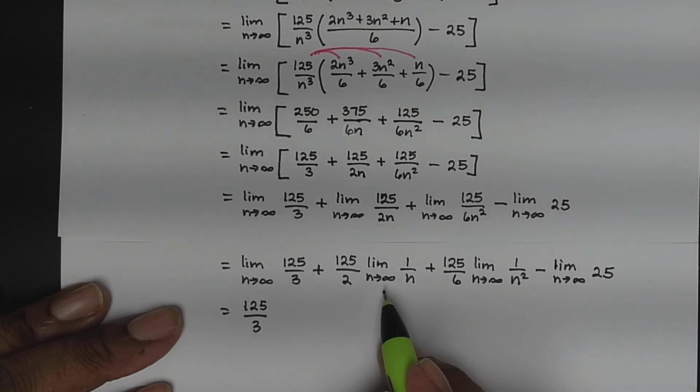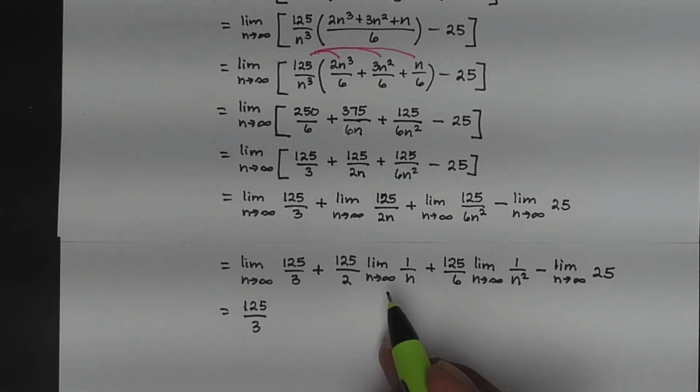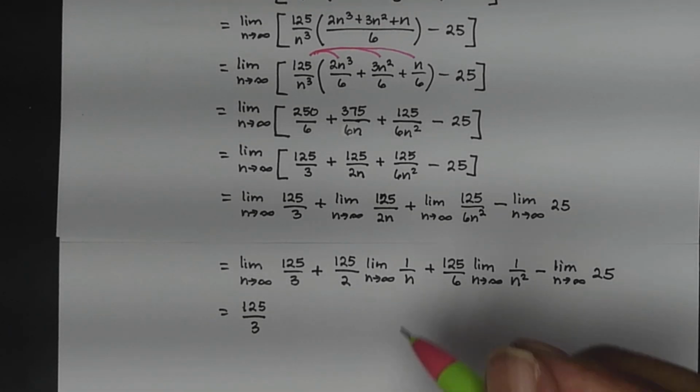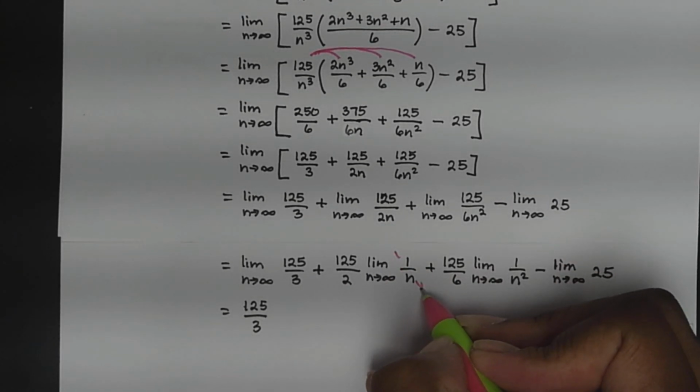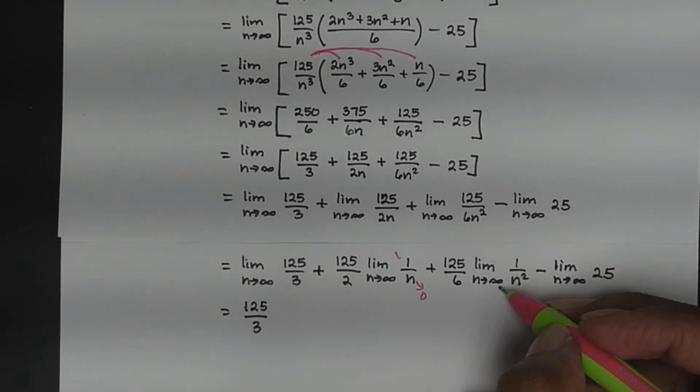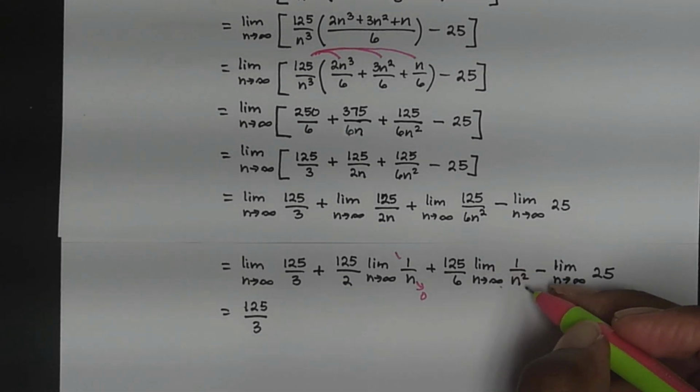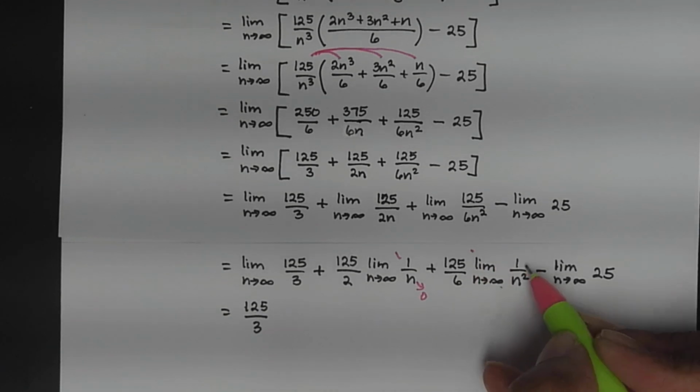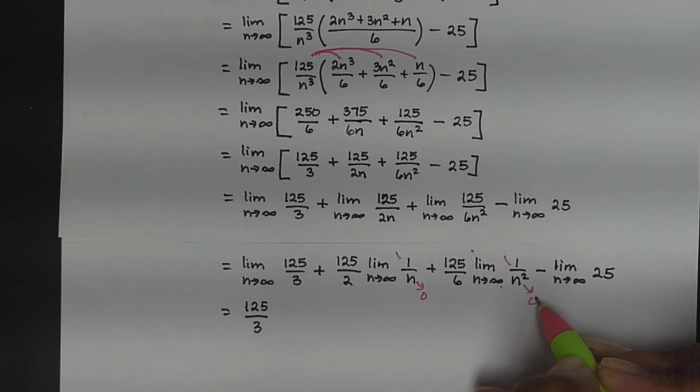Now, as we let n approach infinity, 1 over n is going to 0. And the same holds true for 1 over n squared. That too will be going to 0.